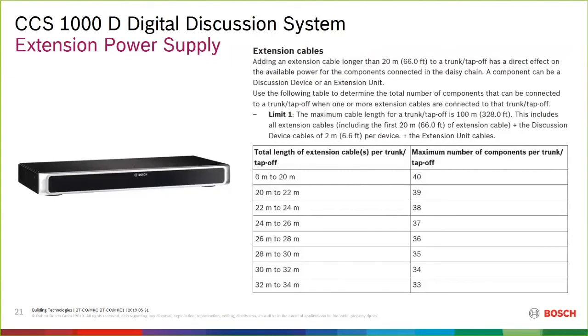If I want 30 devices, but I need 25 meter extension cables because it might be a different room or a very large room, that would reduce the total amount of discussion devices on that trunk. In the manual, this is just a snippet of it, it shows that if you're going to have 30 to 32 meter extension cables, instead of 40, we can have 34 devices on that trunk. Not that big of a deal, but something to keep in mind when deploying the system.